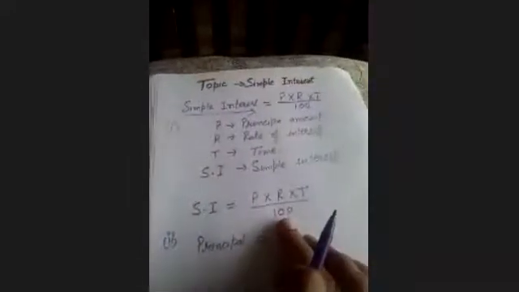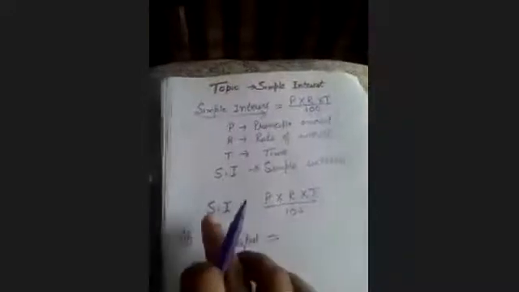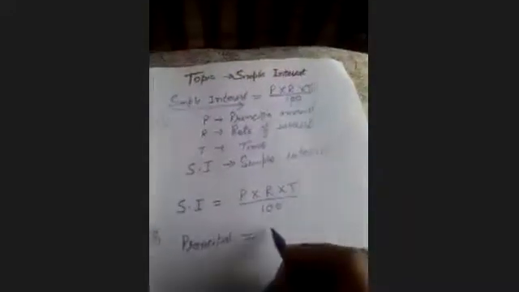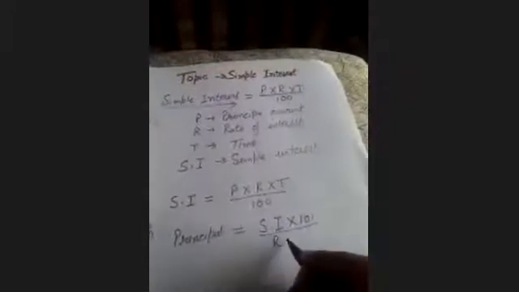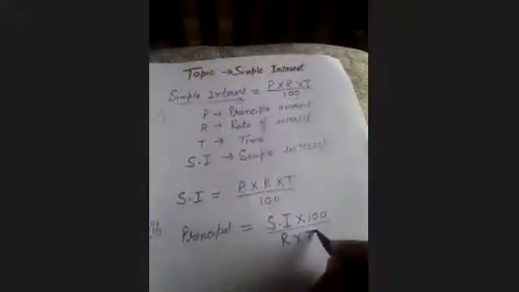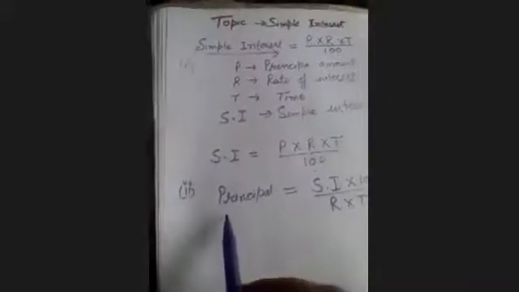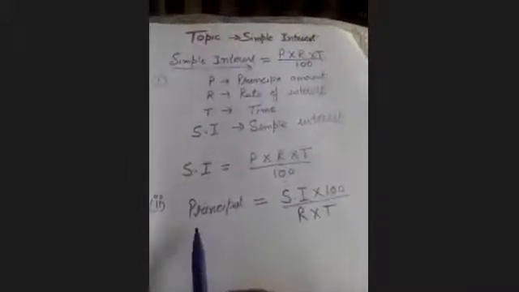If on the right hand side 100 is divided, then on the left hand side it will be multiplied. So simple interest multiply by 100, divide by rate of interest and time. Clear, students?